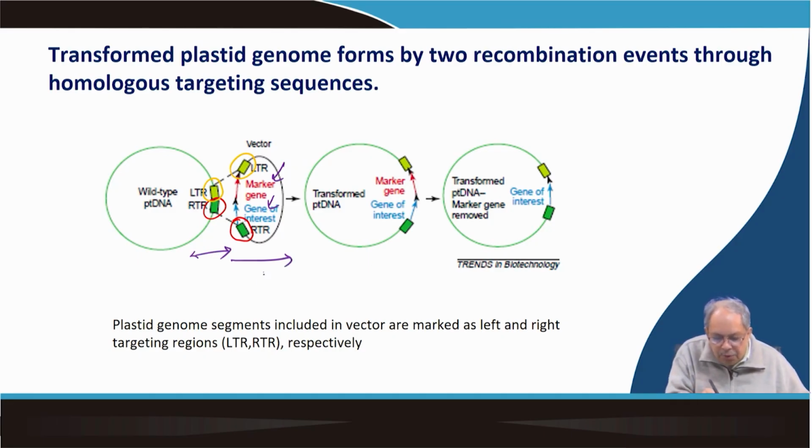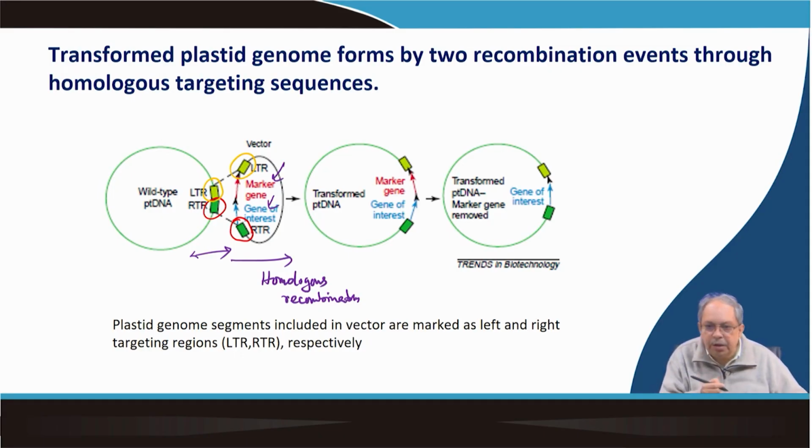As a result of homologous recombination, you will see that these two fuse and form a single circular DNA where the gene of interest and the marker are both there. Then in the transformed plastid DNA, the marker gene can be removed by subsequent selection.